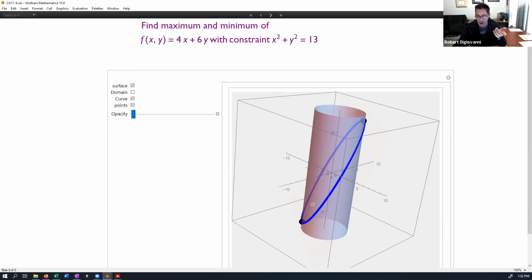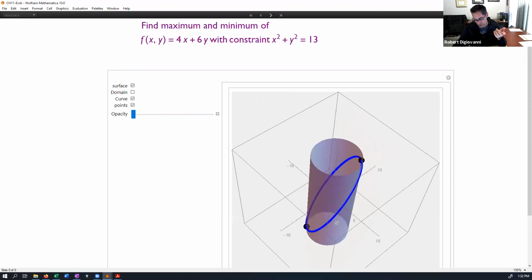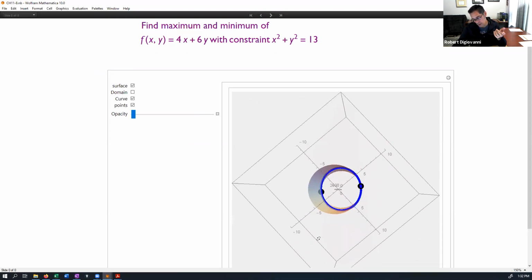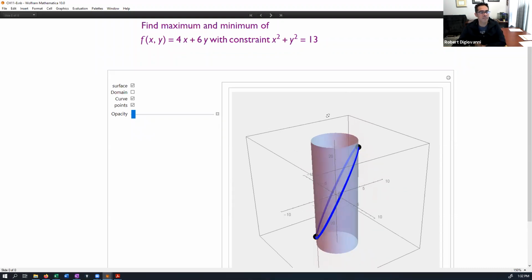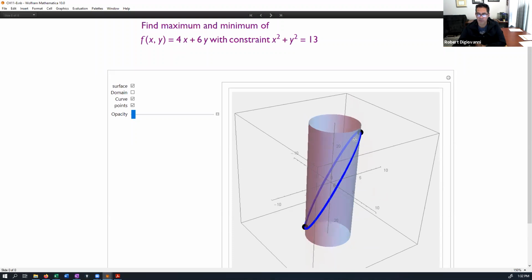And we found out where they happened, right? One of them was at 2, 3. So if I look from the top, if you go out x2 and y3 comes straight up at us, we'll be up at 26. If you go -2 on the x and -3 on the y, it will take you down to negative 26. Yay or nay?